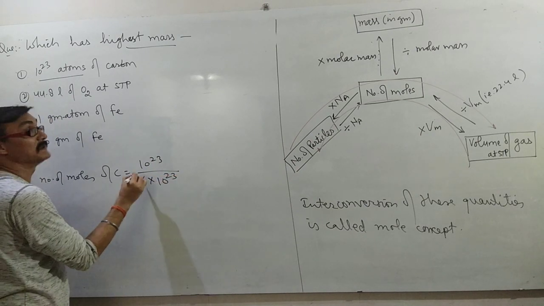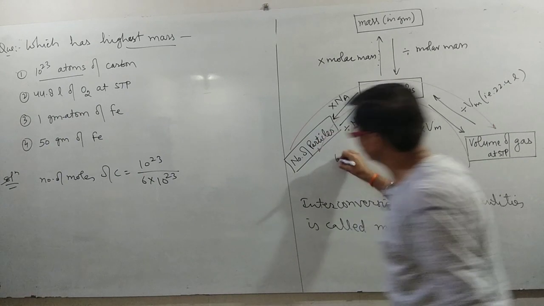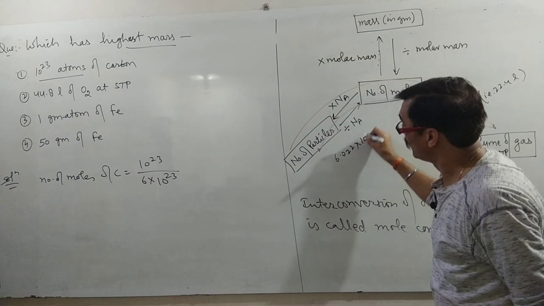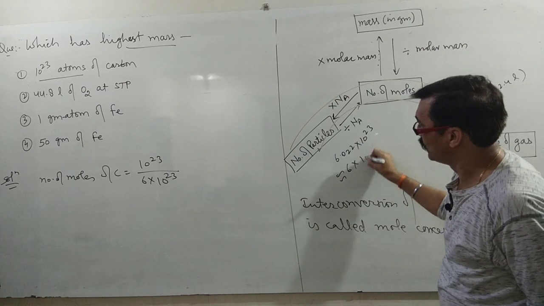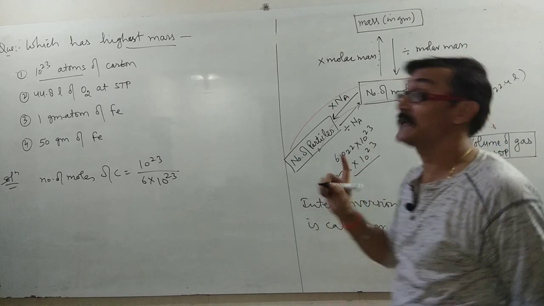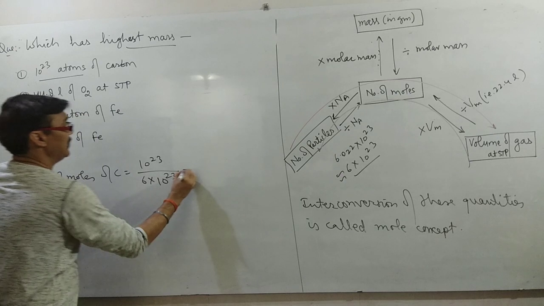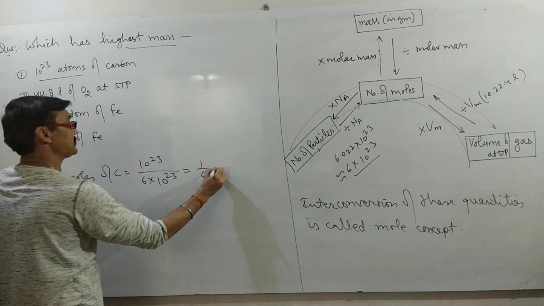It is approximation; 6.022 into 10 to the power 23 can be taken as 6 into 10 to the power 23. So it is 1 by 6 mole.